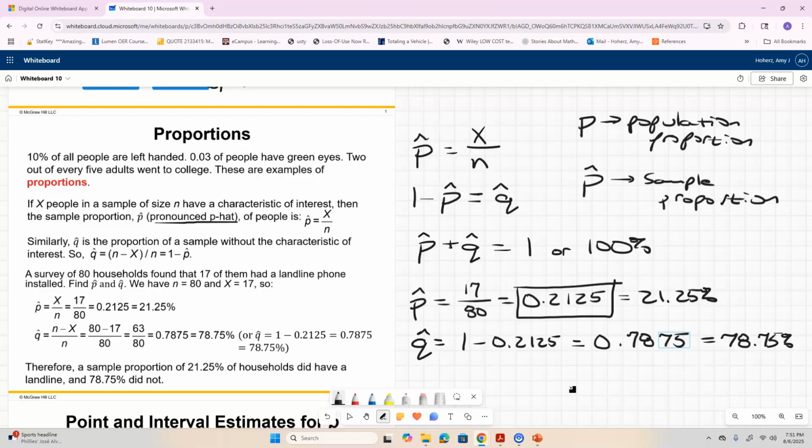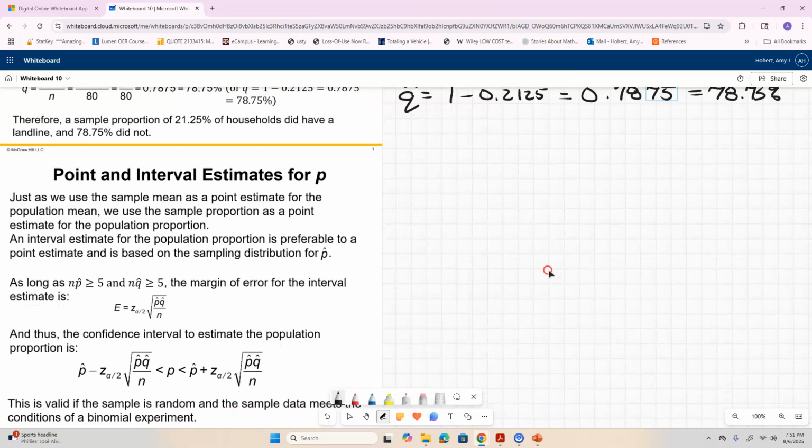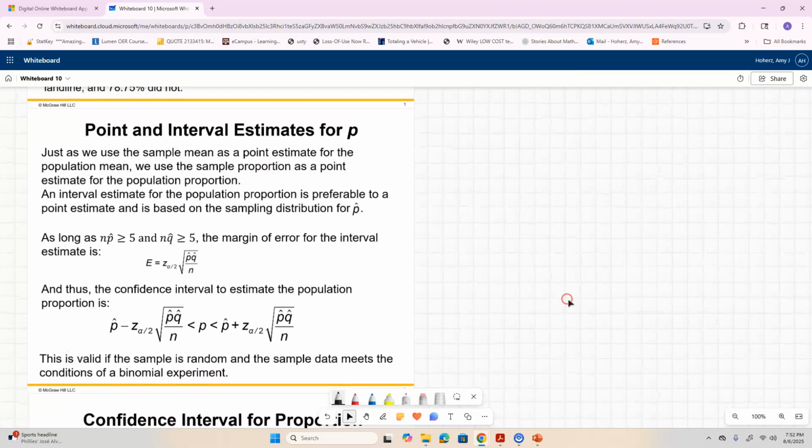So the way I remember this one is P is the big old population, and then the P hat is just the little sample. I think of it as like a little guy with a little hat, his little baseball cap on. He's just the little sample. So you have your population, and then you have P hat, the little sample with his little hat on. I know it's silly, but if it helps you remember it, that's okay.